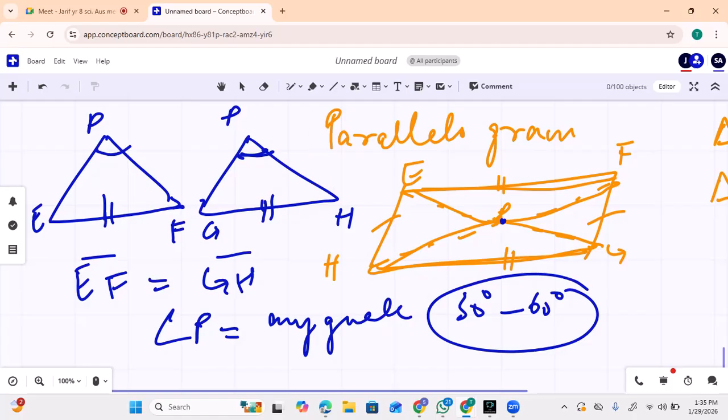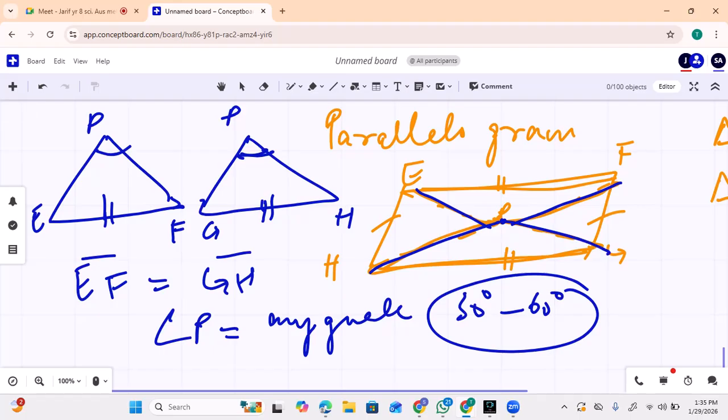So by just considering one part of this, we have one side equal and one angle equal, so we can assume that both the triangles might or might not be congruent, because that is basically a thought we are working on. Now how the other sides are equal or not: side EP can be equal to side HP, and side FP can be equal to side PG.